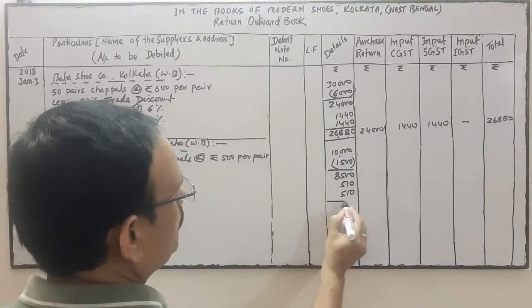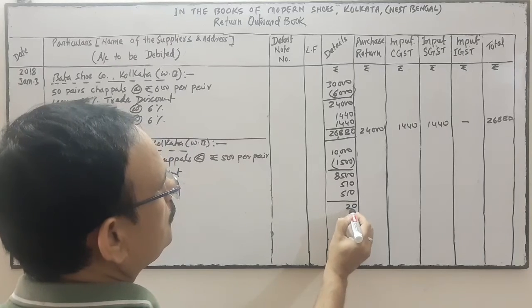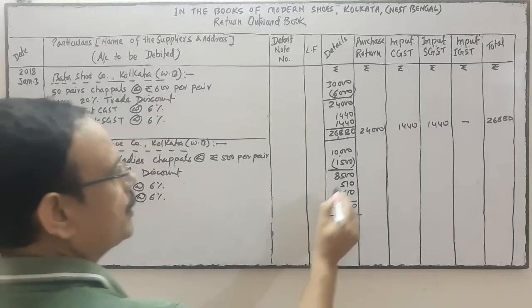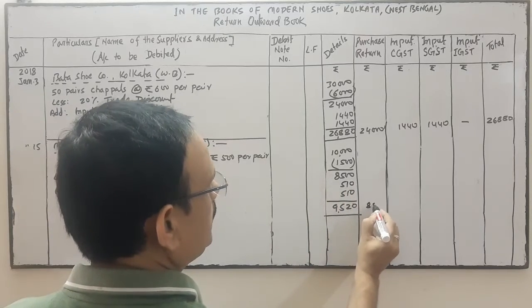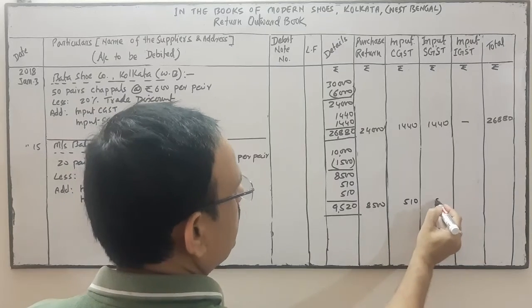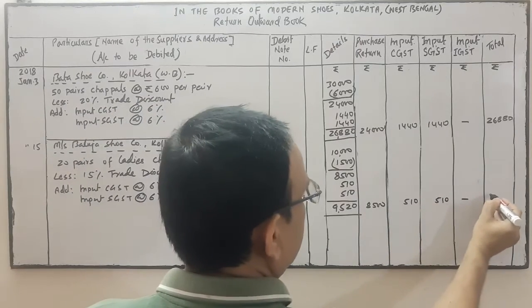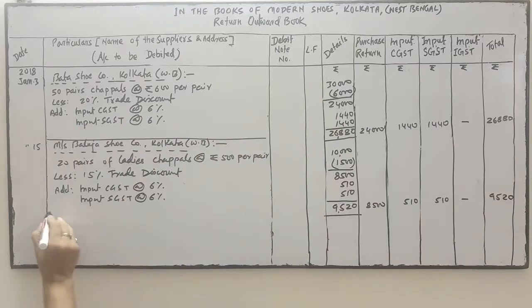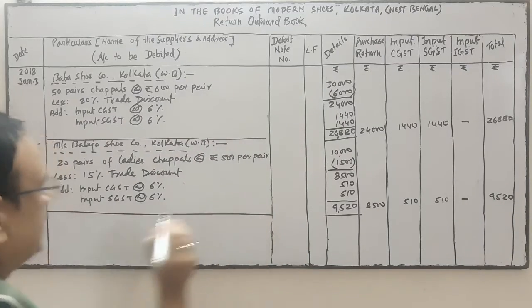Now do the total: 9,520. So 8,500 we will write over here, 510 in the CGST, 510 in the SGST, and the total is 9,520. Now this is also completed.